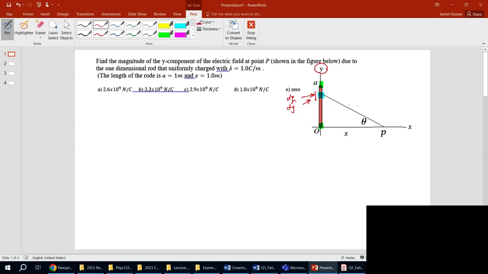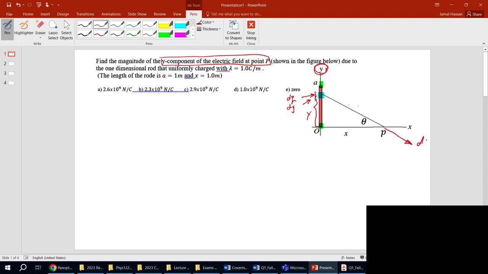And this small piece that I chose is away from the origin by some distance. Let's call it y, because this is the y-axis. And the question asks for the y component of the electric field at point P. So first, in order to find the electric field at point P, let's assume there is a positive test charge located at point P. If we assume the rod is positive, the electric field due to that small piece will be directed radially this way.